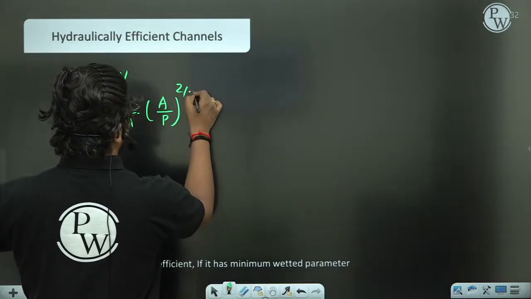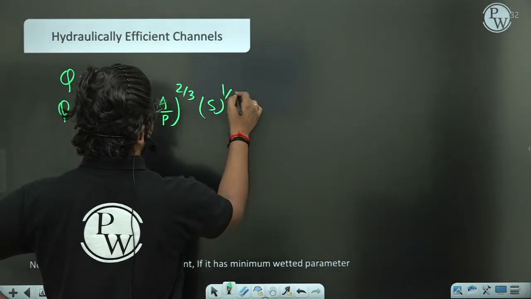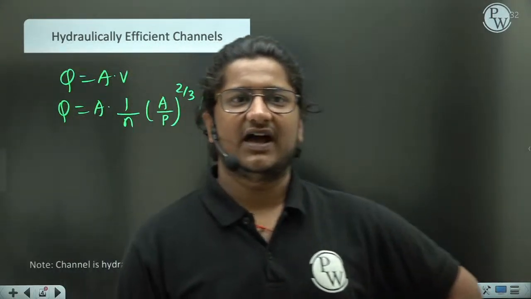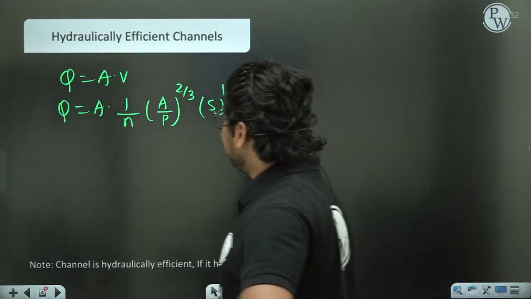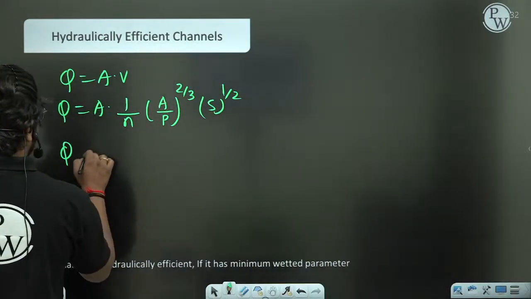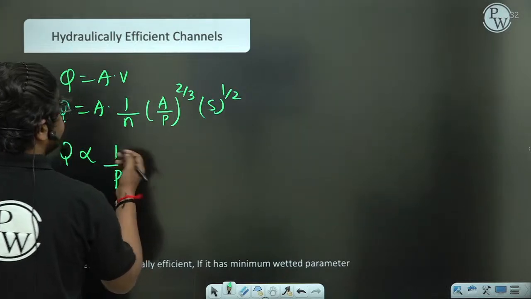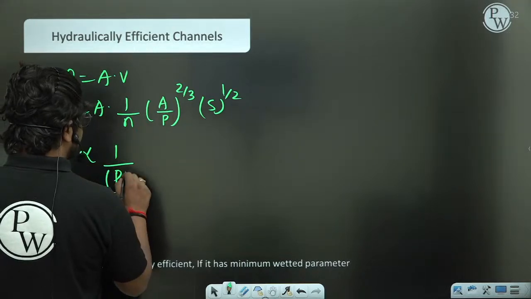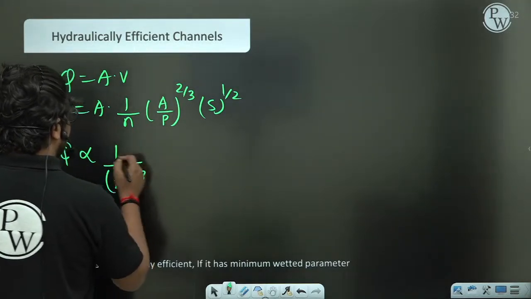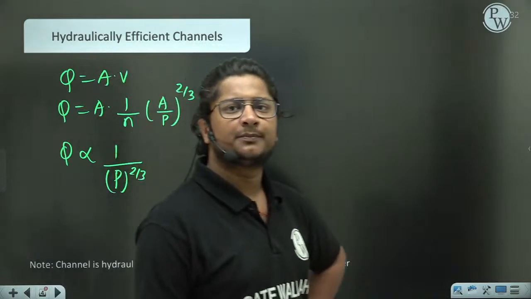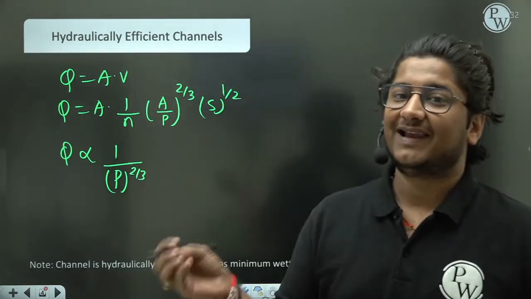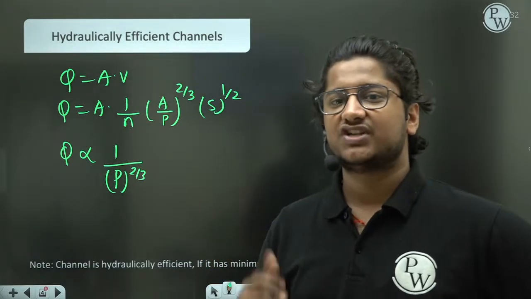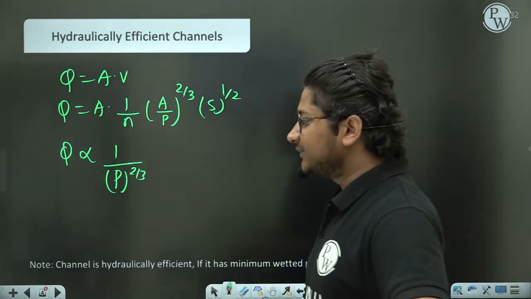Now if I take area and everything else as constant, can I say Q is inversely proportional to P to the power 2/3, or basically inversely proportional to perimeter? That means if you have less perimeter for a given area of cross section, you will have more discharge, and you can see this practically also.